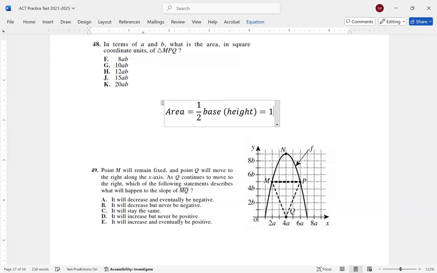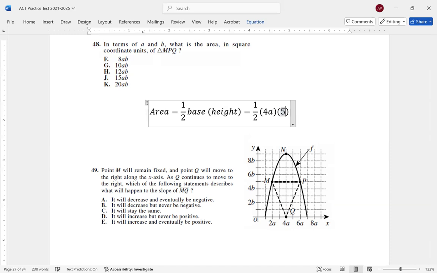So we're going to have 1/2 times 4a. 4a is the base. Now let's figure out the height. Well, the height is the distance from MP down to Q, or from Q up to MP, on that same vertical line. Since we're on the same vertical line, we're going from a y value of 0 to a y value of 5b.